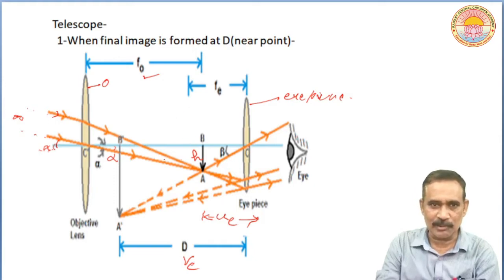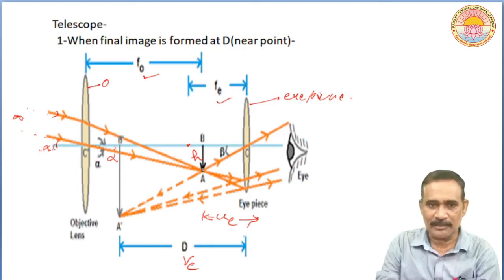So this is the focus of the eyepiece, and this is the optical center. So the position of this object lies between the optical center and the focus of the eyepiece.